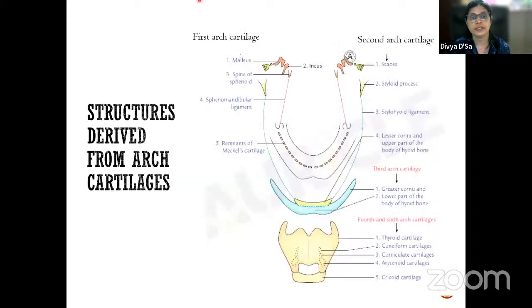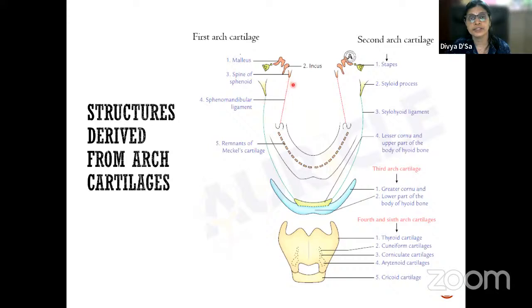So you can see here, the first arch cartilage will form the malleus, the spine of the sphenoid and the incus, as well as the sphenomandibular ligament.